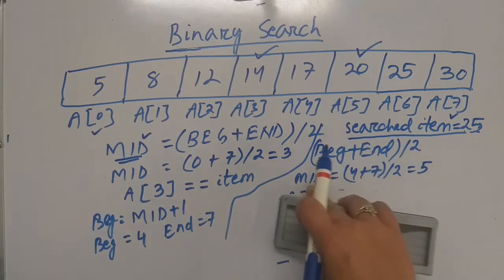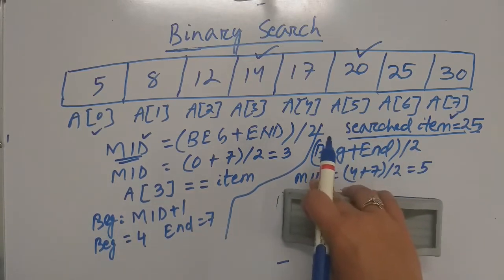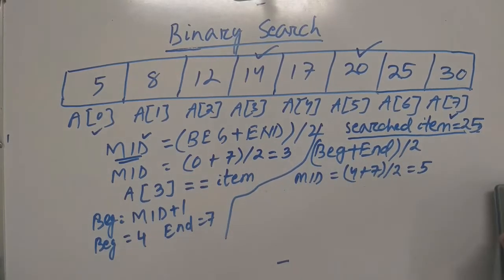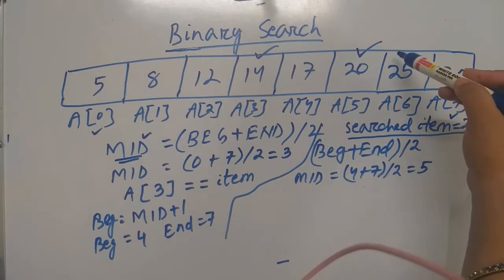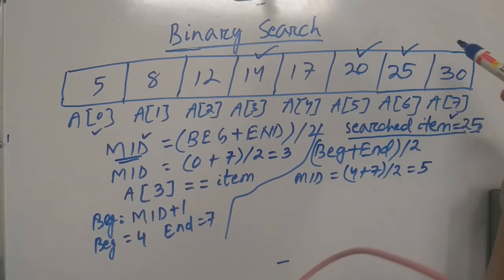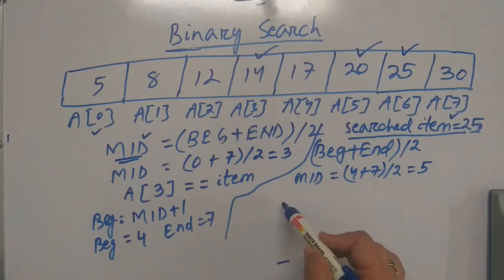Whenever it is less than 25, the next position we take as the beginning. This is the mid position, A5, so we take the next position as your next begin.